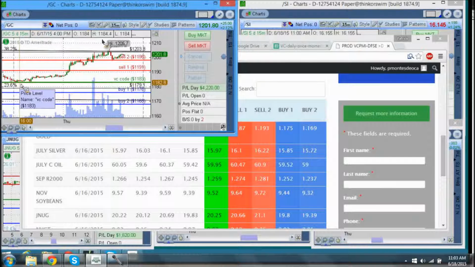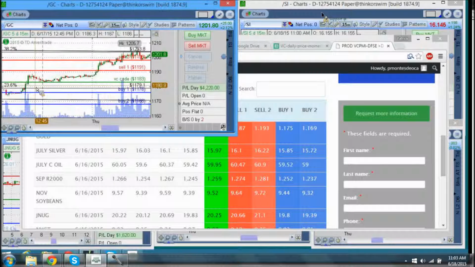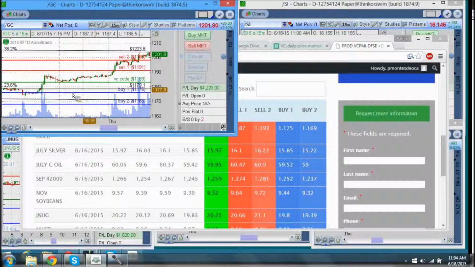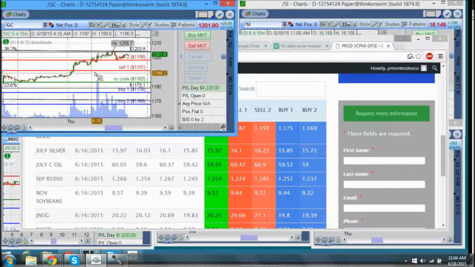The ideal place to buy is in the blue levels. As you can see here, the buy 1 level was triggered at 10 o'clock last night at 1176. It automatically brackets the levels above as your targets, and depending on how many multiples you have, you can sell at the different levels of sell 1, sell 2.